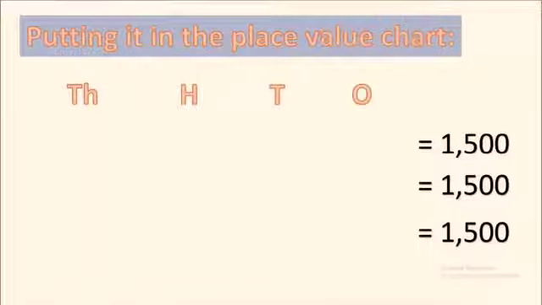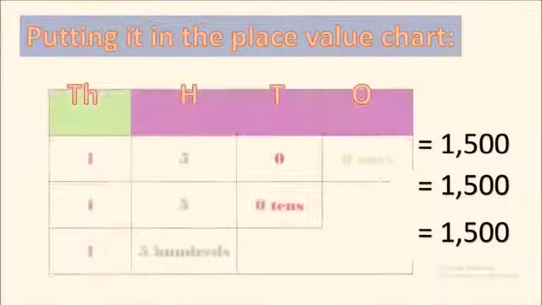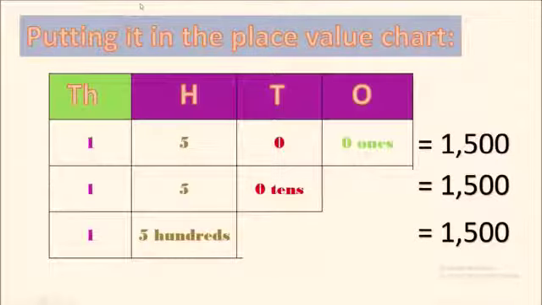Putting it in the place value chart, we can see it clearly that to know how many ones, we have to take all the digits till the ones place. So the number of ones in 1500 will be 1500 ones.